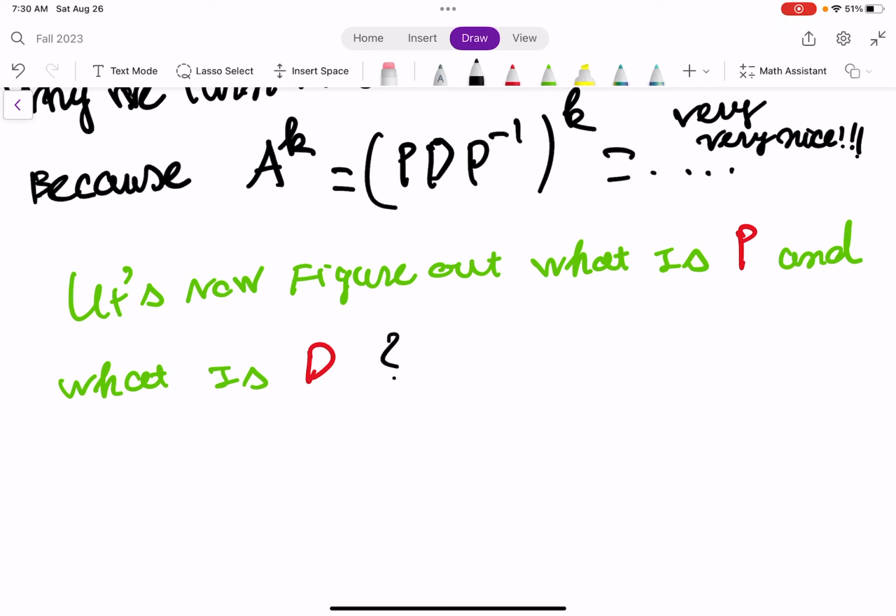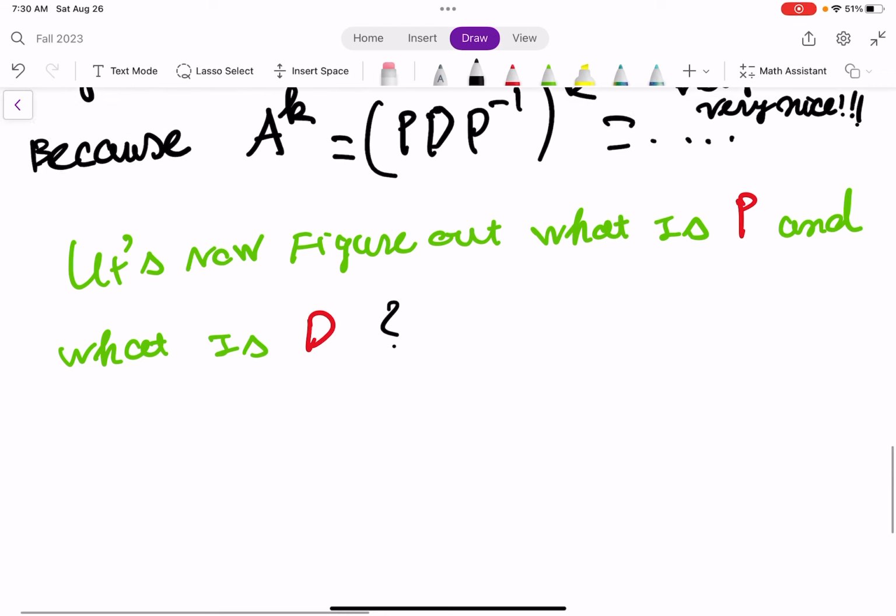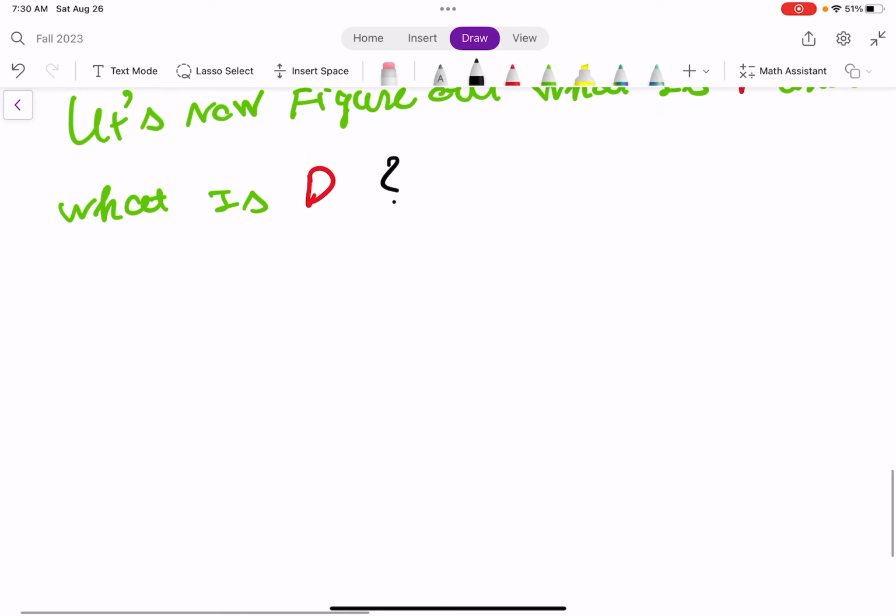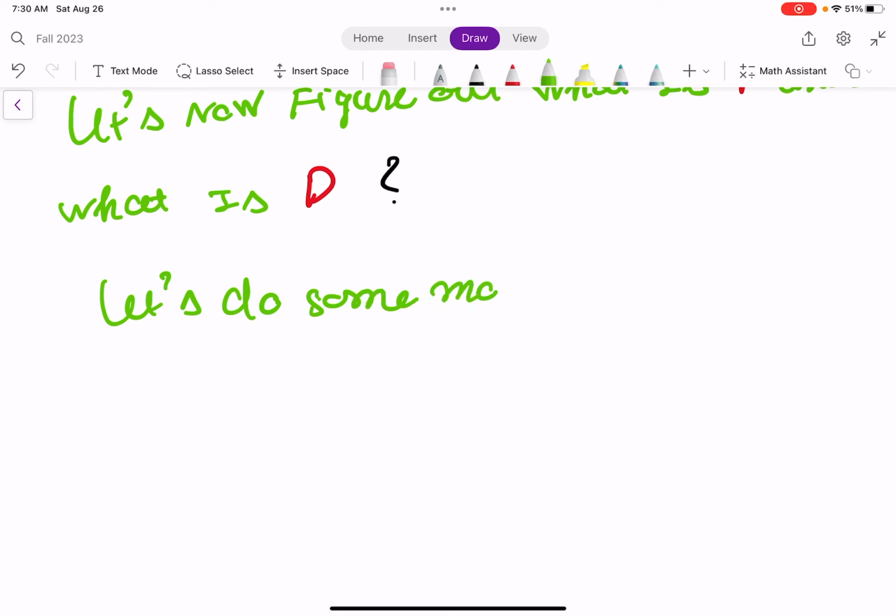In order to do that, we're gonna do a little bit of manipulation first. So what manipulation can you do?